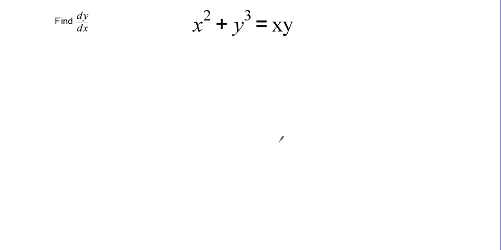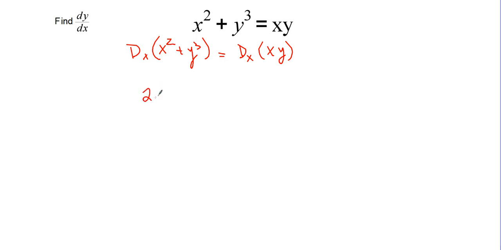To find dy/dx for an implicitly defined equation, we first have to take the derivative of both sides with respect to x. So we'll start with the derivative with respect to x of x squared plus y cubed equals the derivative with respect to x of x times y. The derivative with respect to x of x squared should be easy.